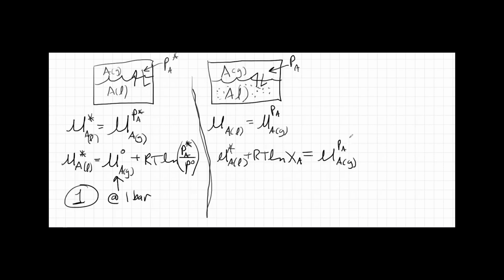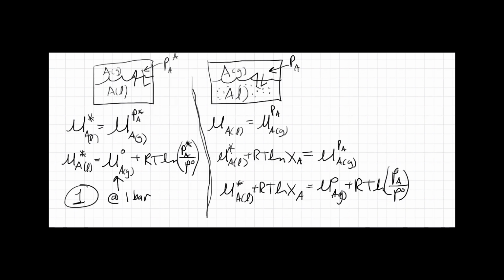Well, we can change this into terms of the standard state of a gas, 1 bar. Say chemical potential of A liquid, pure, plus RT log, so we're just going to bring this term down. And then we're going to say this is equal to the chemical potential of the gas at 1 bar plus a term that gets you from 1 bar up to the actual pressure where you are.